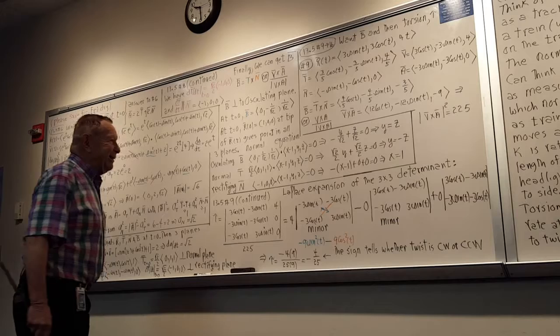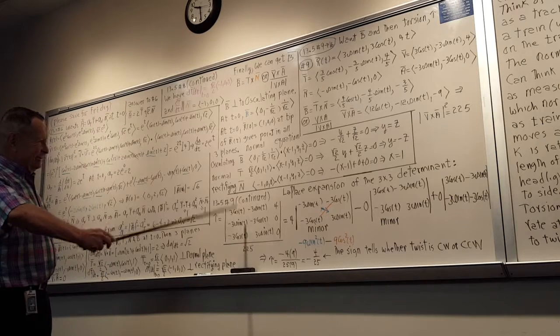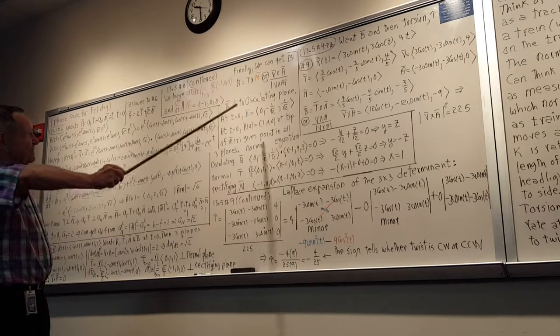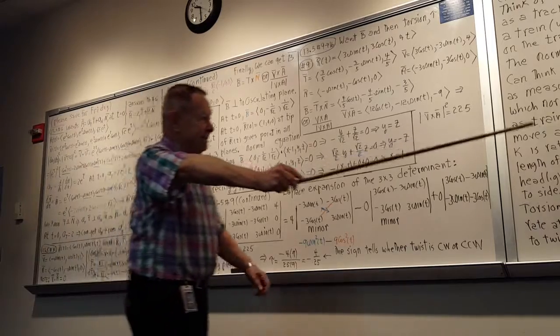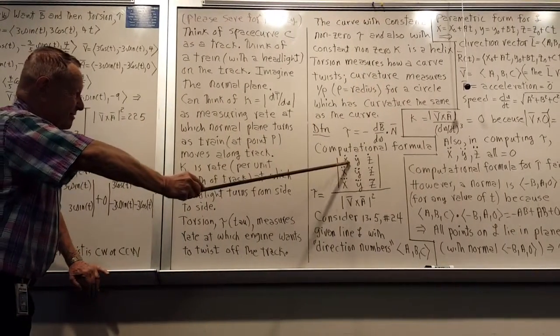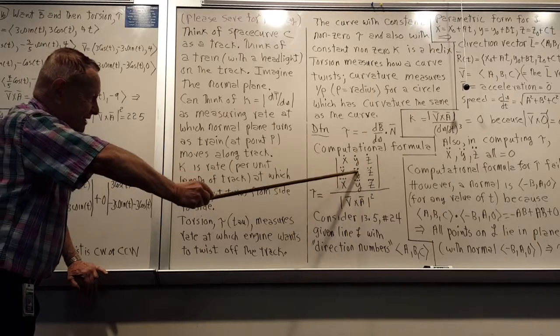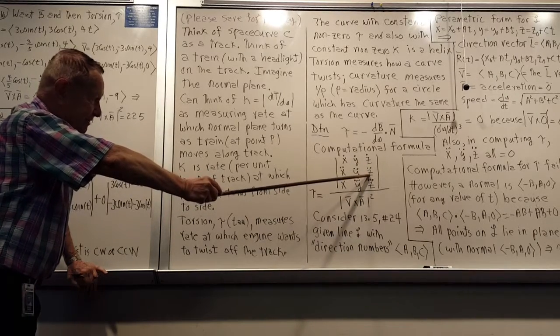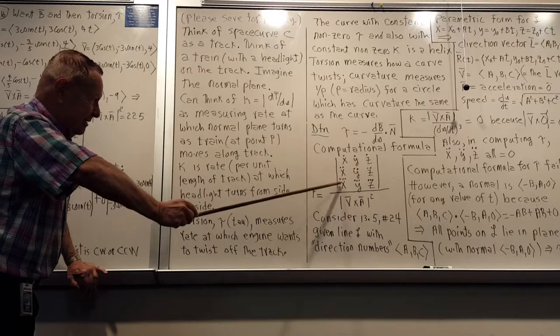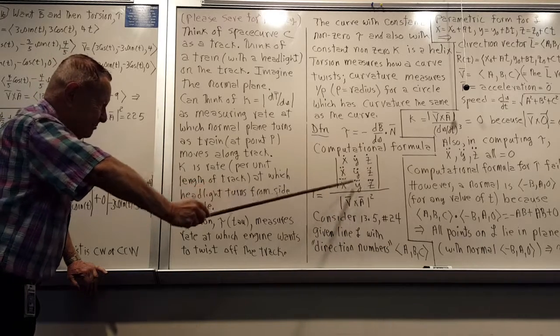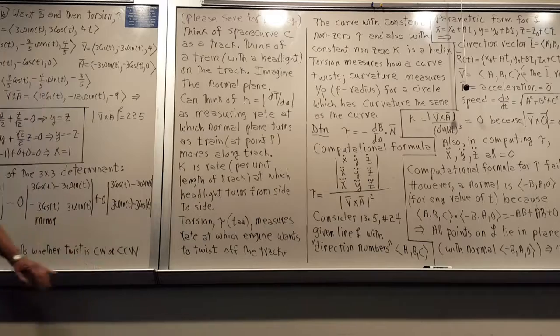And so anyhow, to do the torsion, you see, remember the recipe, it's the velocity, that's the first derivatives. The acceleration, that's the second derivatives, the components, and then the derivative of those components would be this one.